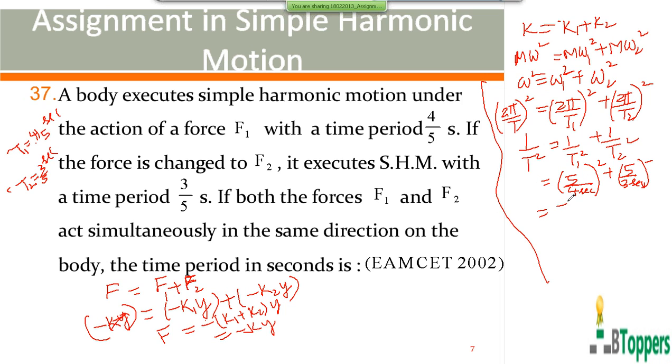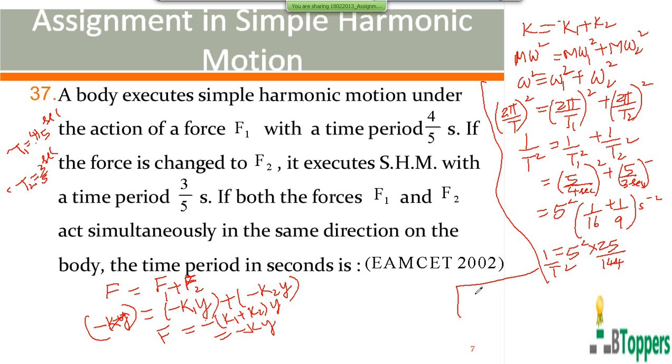So 5 square you can take common outside. So you get this as 1 by T square.